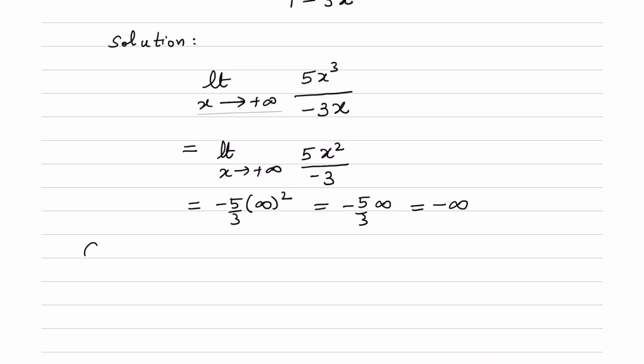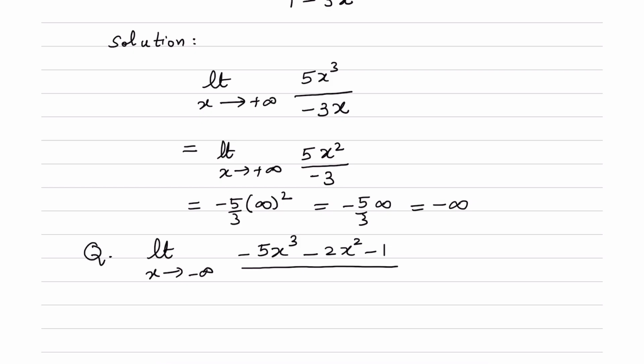Let's look at another question. Find the limit at minus infinity for the function (minus 5x cube minus 2x square minus 1) divided by (minus 3x plus 1).